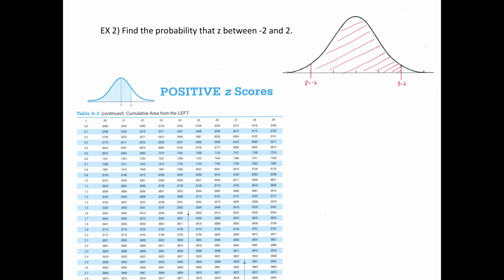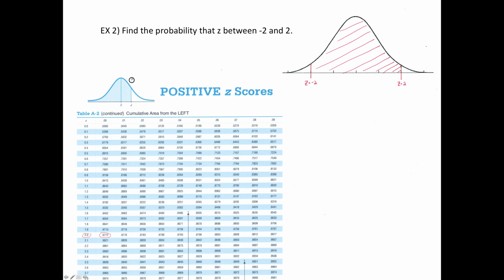Next type of example, the z is between two numbers. Here we have z from -2 to +2. Find the area in between. When you look up 2.0, that's going to be 0.9772.